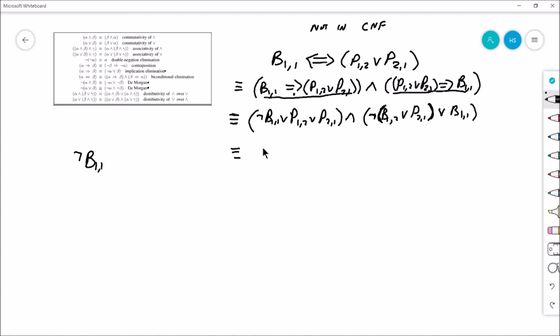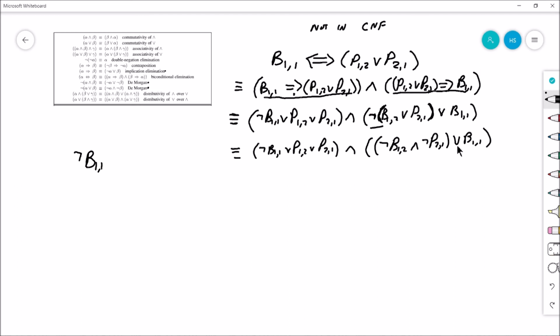To get something that looks like this: not B11 or P12 or P21. That's applied just on the second part here. By De Morgan's, this becomes not P12 and not P21, or B11.